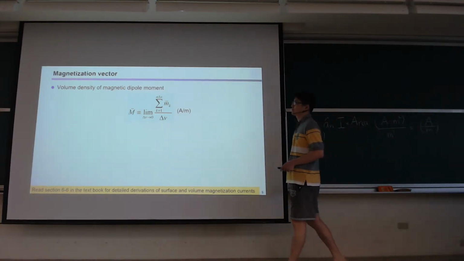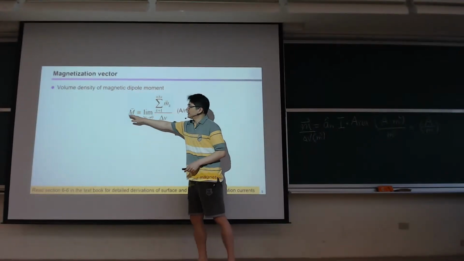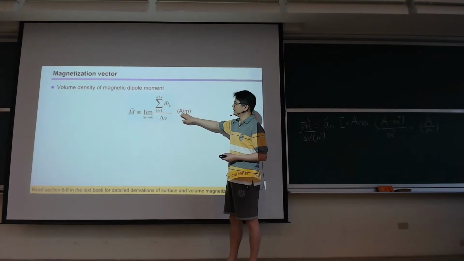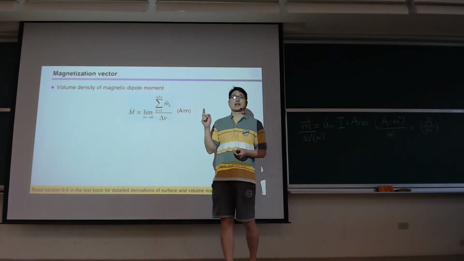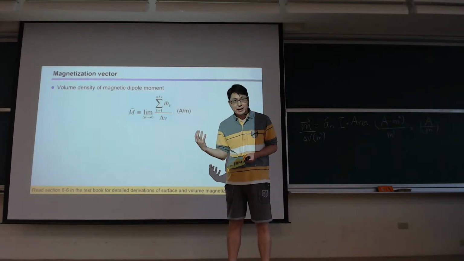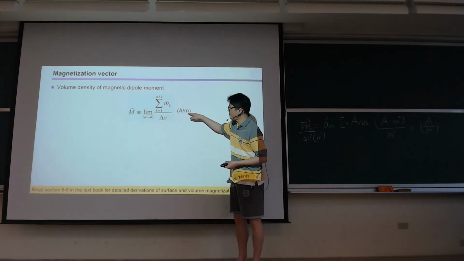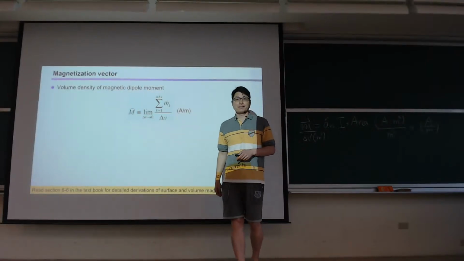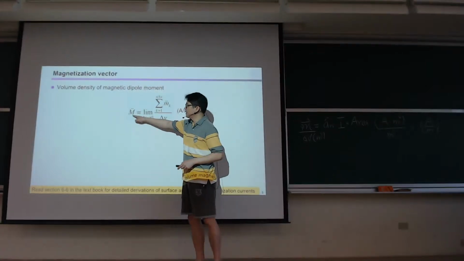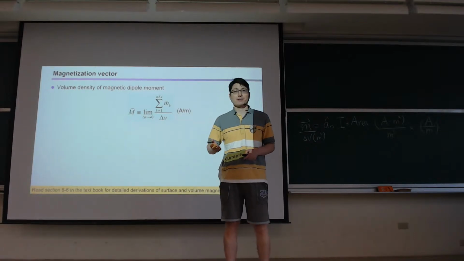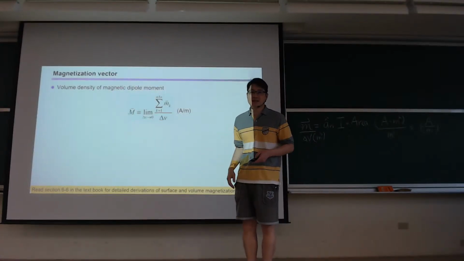So when you read the unit, this is more like a line current density. J, the current density, is how much current you have per unit area. But now you only have a meter in the denominator, so this is like a line current density. So M multiplied by a certain length will give you the unit of current.